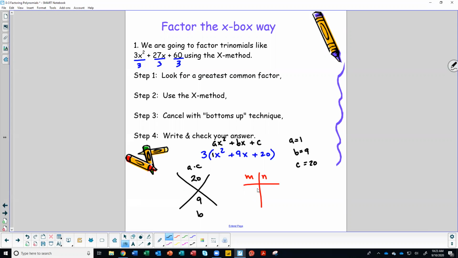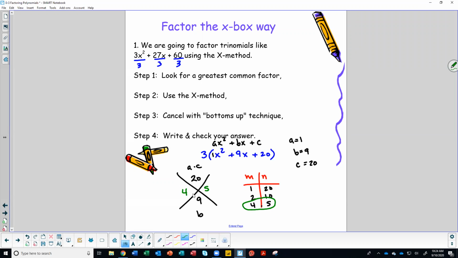I think it's easier. The numbers that multiply to give you 20 would be 1 and 20, 2 and 10, 3 cannot go into 20, and 4 and 5. Now, 5 and 4 would work, but they're basically the same thing, and order doesn't matter. So we look at which of these numbers could combine to be 9. The answer is 4 and 5. These are our 2 numbers. So I'll put 4 and 5 here.